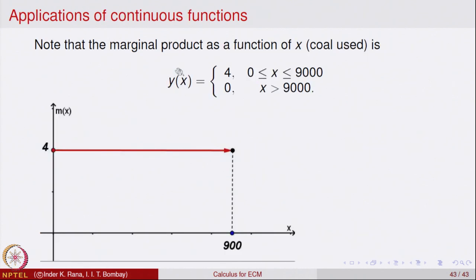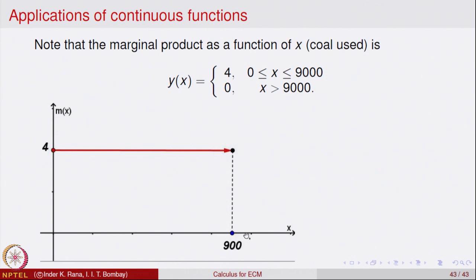If I look at the marginal product, the marginal remains 4 till 9,000 is reached, and then suddenly the marginal becomes 0. Even if you increase x, the output is not going to change, right.